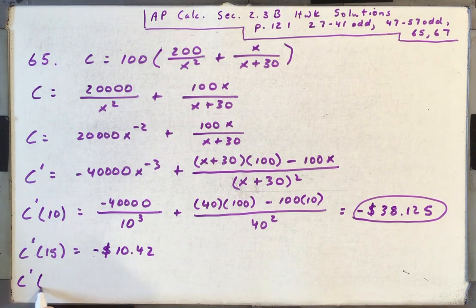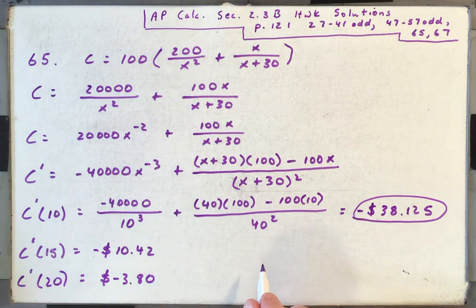And if you put in 20, it's negative 380. I don't know what's the right thing to do. Do I put the negative sign outside the dollar sign or inside? I don't really care. Okay, so what conclusion can you draw?